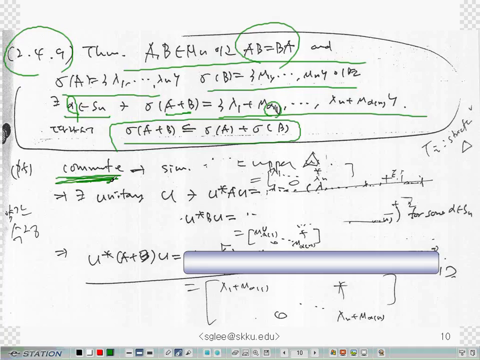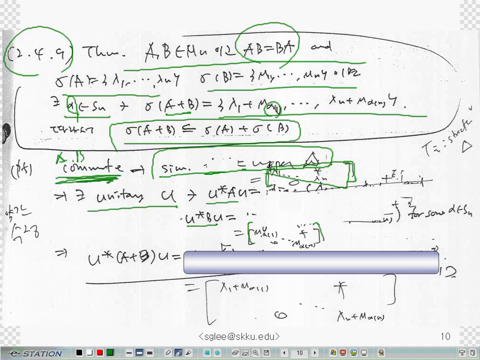This is possible because A and B commute. So they are simultaneously triangularizable to upper triangular matrices. So there exists a unitary matrix U such that U star AU can be written this way, and U star BU can be written in this way.